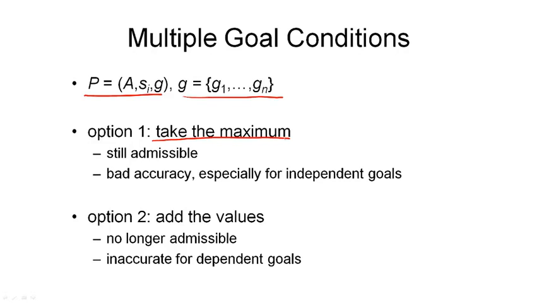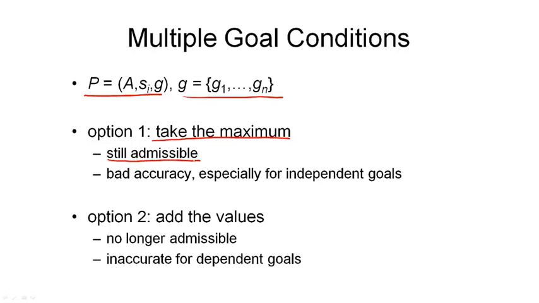This option assumes that the actions we need to achieve all the goals overlap significantly, and therefore taking the maximum will tell us how long it will take in the worst case to achieve all the goals. The advantage of this approach is that the heuristic is still admissible. It was admissible for each individual goal, but now taking the maximum gives us an admissible heuristic for all the goals.